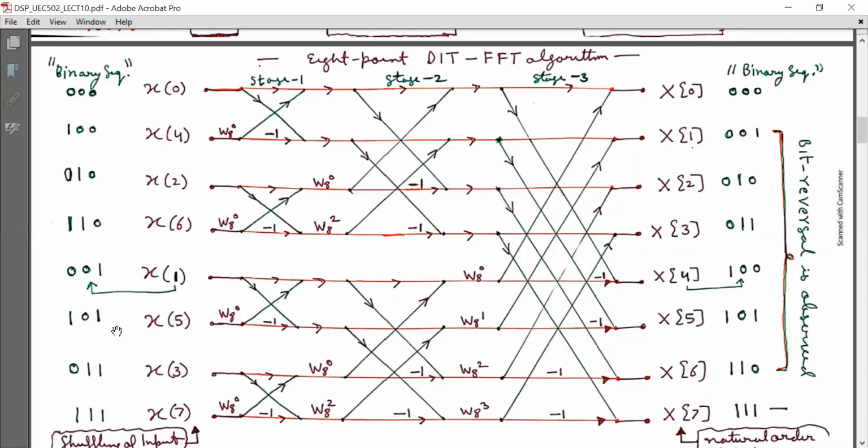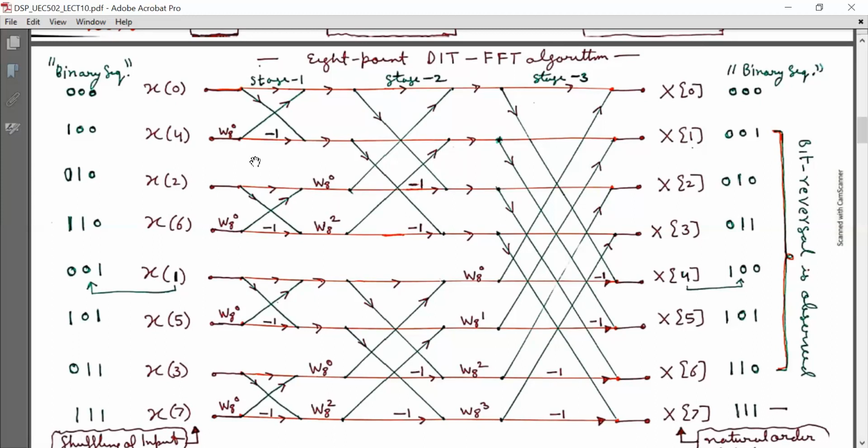Now as capital N is equal to 8, at each stage there are N by 2 butterflies. So 4 butterflies should be at each stage. So 1 2 3 4, there are 4 butterflies at the first stage. At the second stage, 1 2 3 4, 4 butterflies, and 4 butterflies at the third stage.